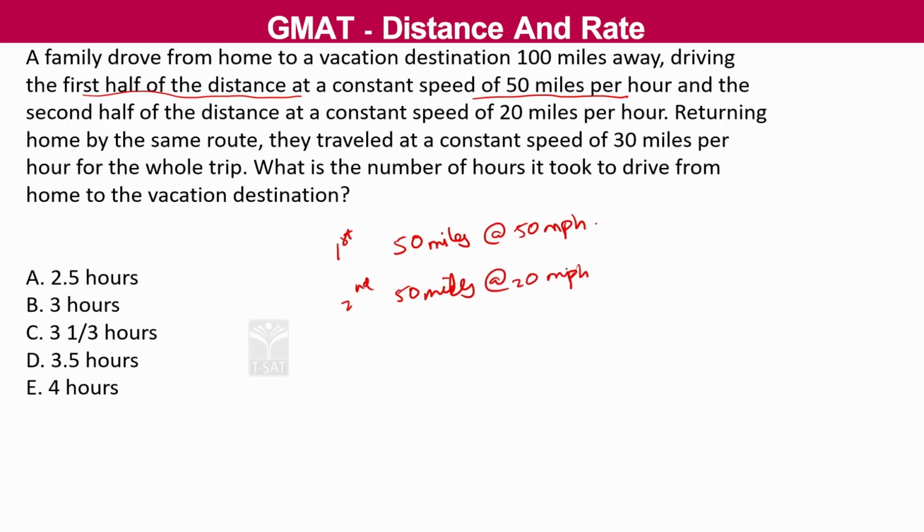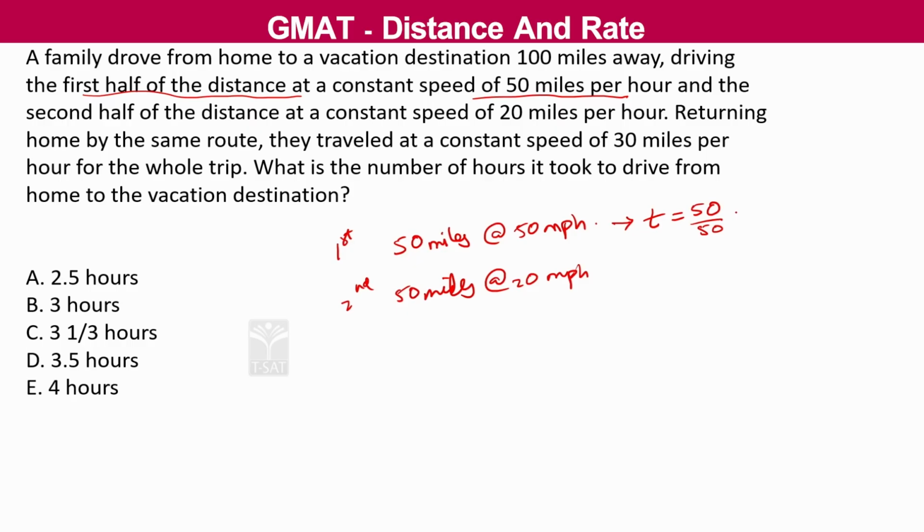While returning they travelled at 30 miles per hour. So, time taken to cover the first half will be equal to the total distance divided by the speed at which it was travelling.